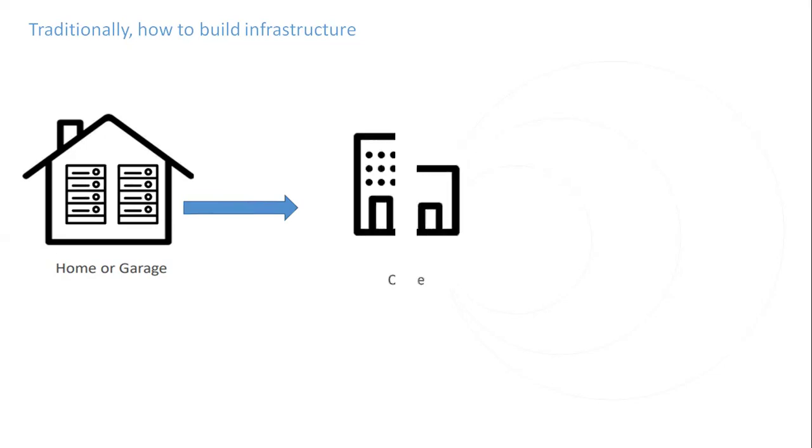Traditionally, when you are building infrastructure on your premises, suppose you are running a very small application, a small space like your home or garage is sufficient. But as your business slowly grows, you require a bigger space like an office. In the office, you need to maintain whatever infrastructure setup is required.